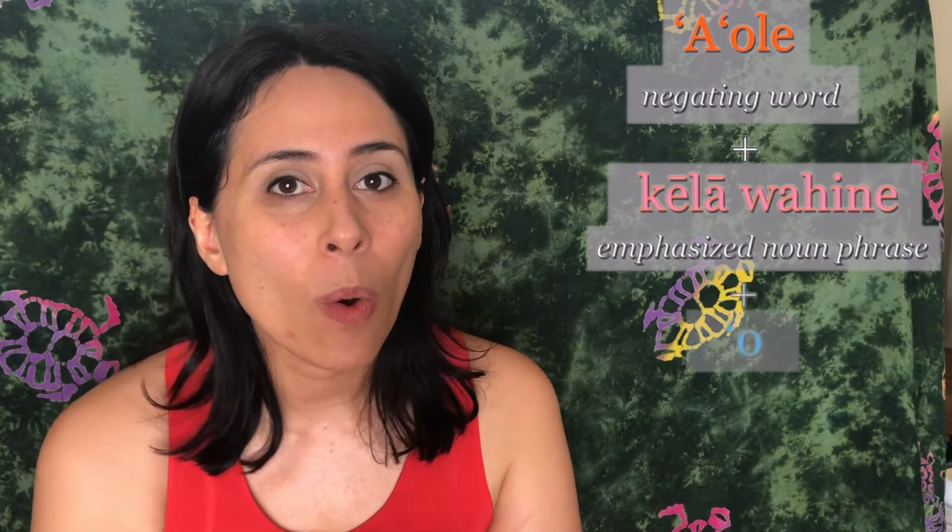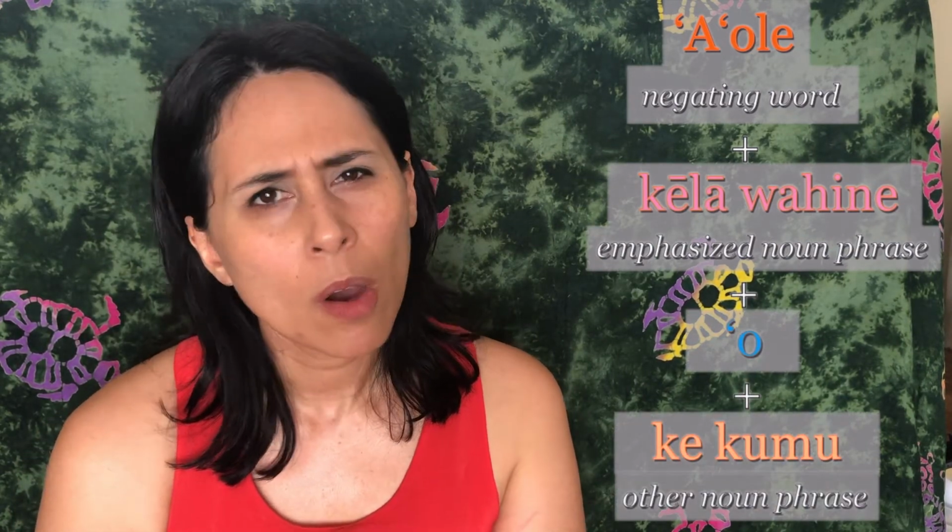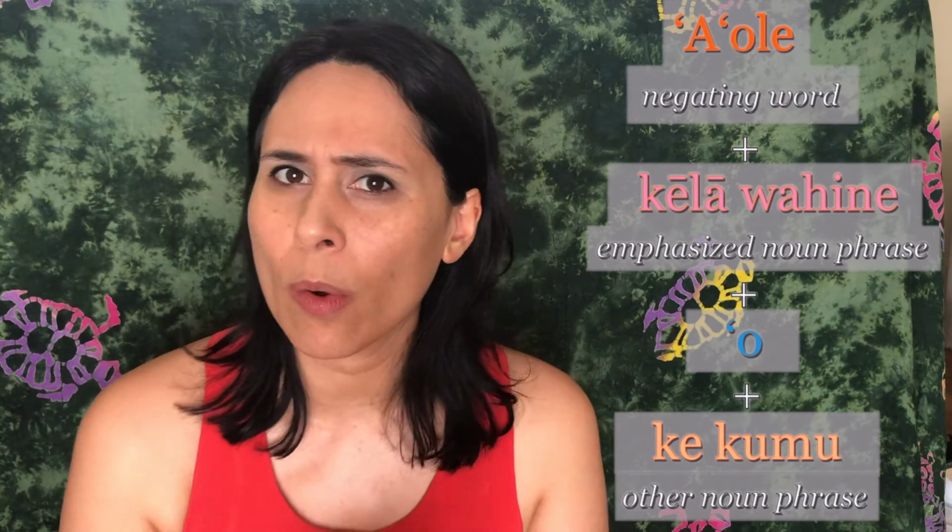But what if instead you were saying, oh, that woman is not the teacher. That man over there is the teacher. So now you're emphasizing that woman. A'ole ke la wahine o ke kumu.